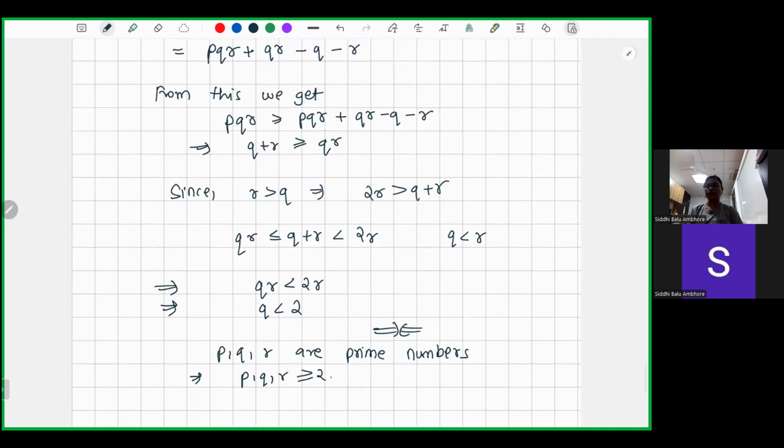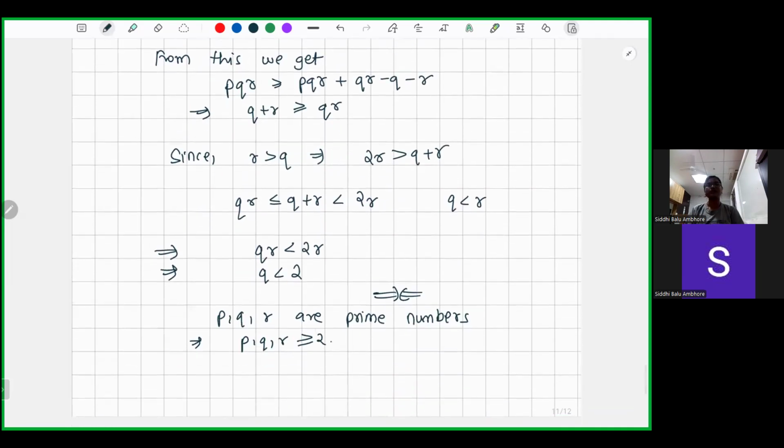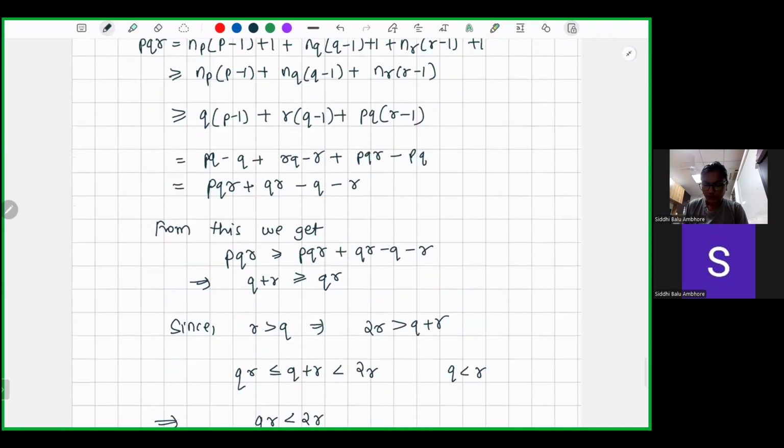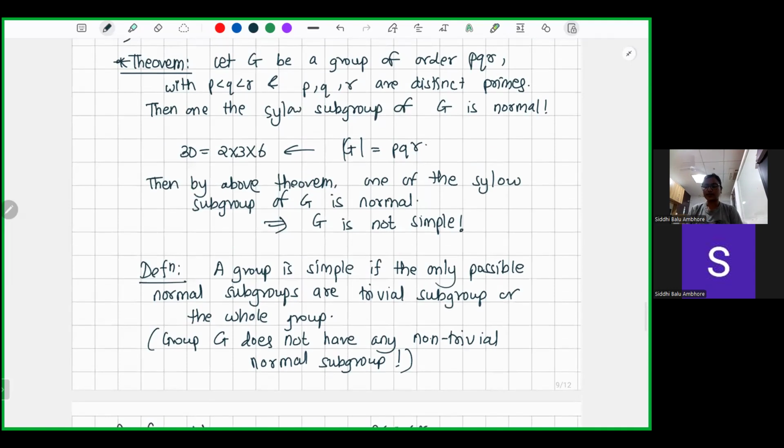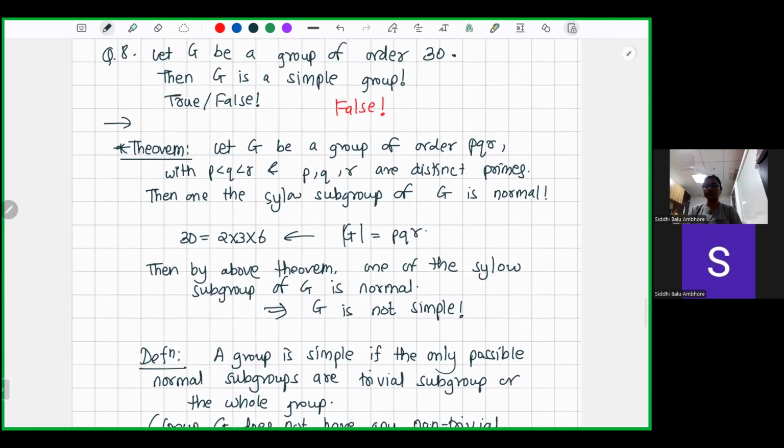And we arrived at the condition that QR is less than 2R, which gives me Q less than 2, which is a contradiction, since Q is a prime number and cannot be less than 2. So this was something which was left as an exercise earlier, but we just proved it.